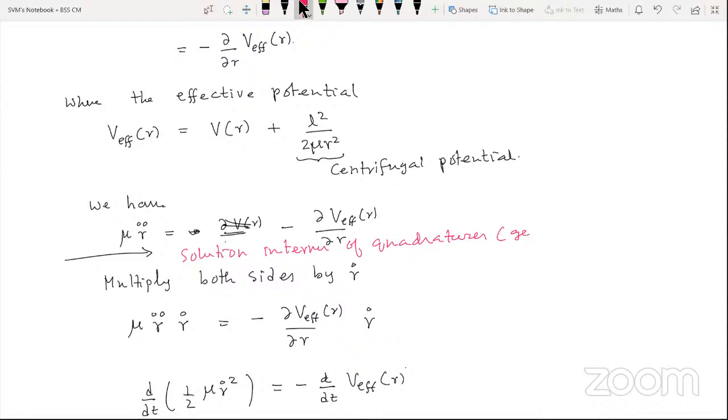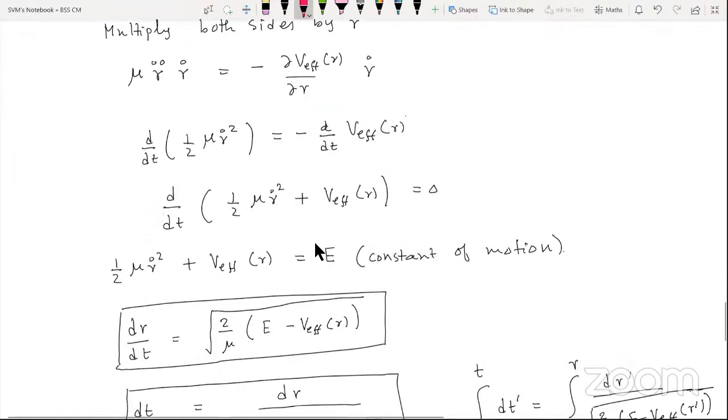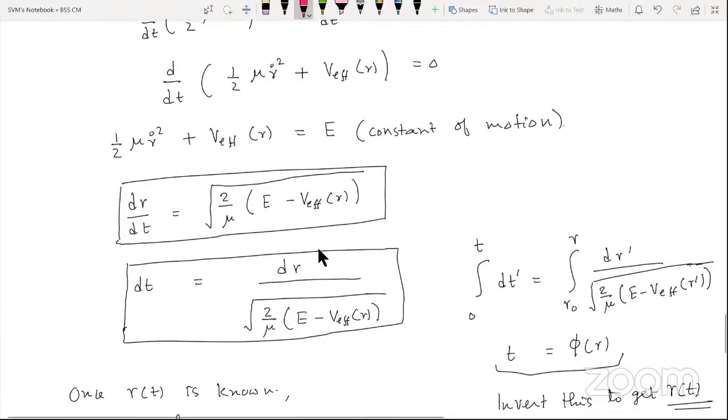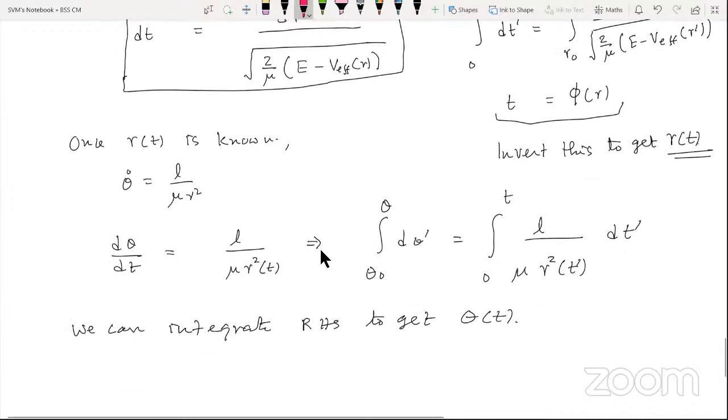So this is general. That is what I tried to show you, that you can write down a constant of motion. Then from there you can set up these integrals. And if you can solve these integrals, then the problem is solved.